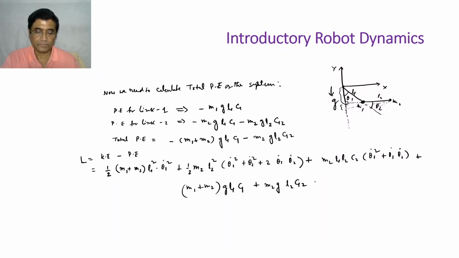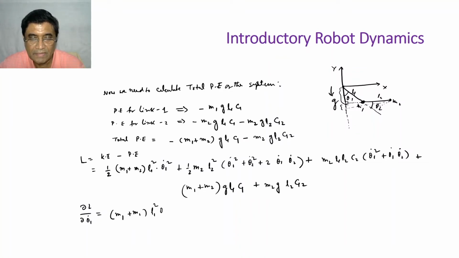Okay, so once you have got L, now the formula will start working. What you will have to do is partially differentiate this function with respect to the generalized coordinate velocity. I am quickly writing it down; you can easily do it.